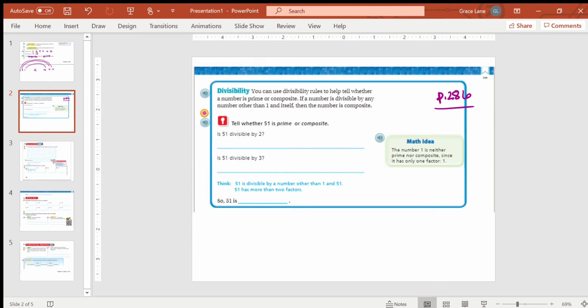So start with 2. It says, is 51 divisible by 2? Remember that the rule for 2 says it has to be an even number. This is not, it's an odd number. So no, it's not, because it's not even. Now try 3 though. Is 51 divisible by 3? Look back on page 286, the rule for 3 is that if the sum of the digits, so if you add up 5 plus 1, can that number, 6, be divided by 3?